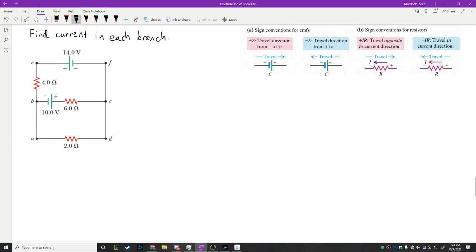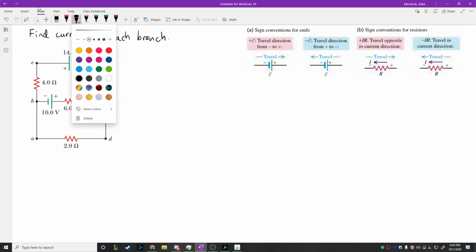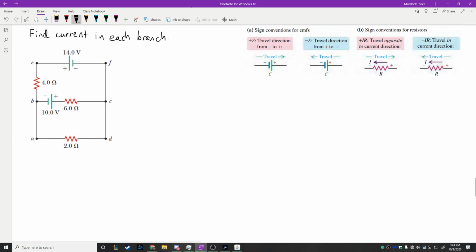Now, the very first thing you do when you do these problems, and you'll have a few of them on your homework, is label currents if they're not given to you in the problem. It makes absolutely no difference what direction you choose for the current. So let's use blue for current.